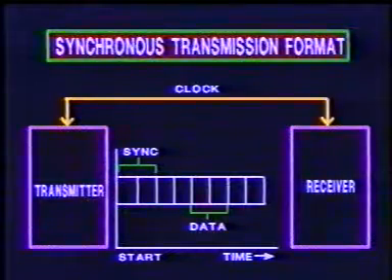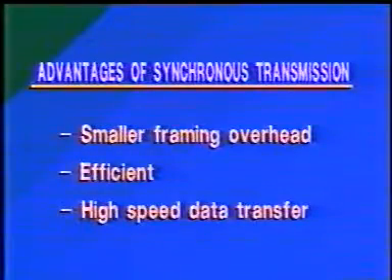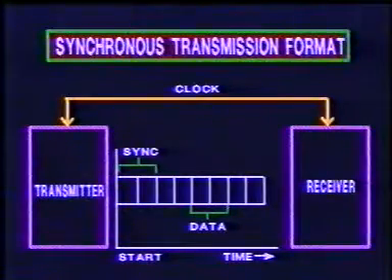The term synchronous means the number of characters transmitted per second is uniform over the entire transmission period. Framing overhead for synchronous transmission is much smaller and therefore it is much efficient. It is used for high-speed data transfer. However, it requires complex circuitry at the receiver for clock and data recovery.